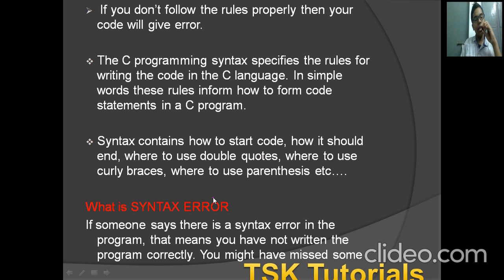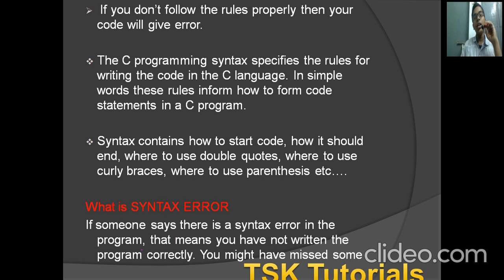Now we have discussed what a syntax is. Now we are going to discuss what a syntax error is. If someone says there is a syntax error in the program, or your processor or your compiler tells you there is an error, that means you have written the program incorrectly, and your desired output is not obtained.